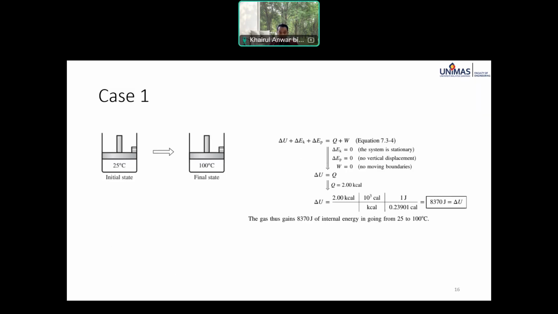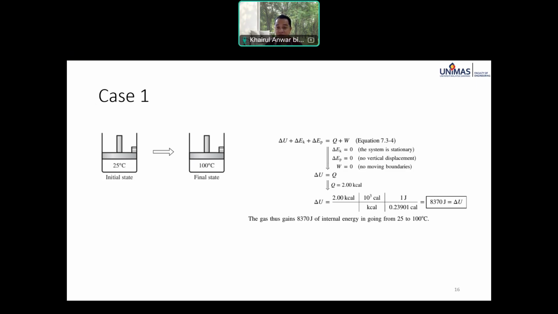So for case 1, the clamp is there, but the temperature rises. So what happened? Refer to equation 7.3-4. EK equals 0 because there is no movement, the system is stationary. EP equals 0 because there is no vertical displacement because of the clamp. And W equals 0 because there are no moving boundaries.